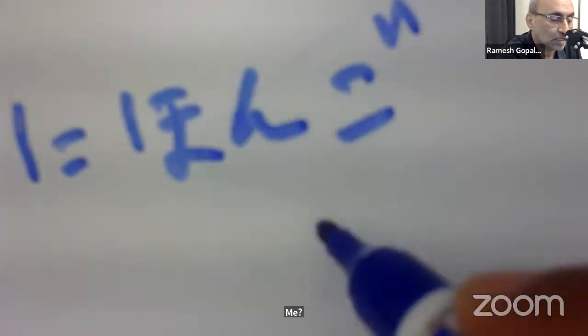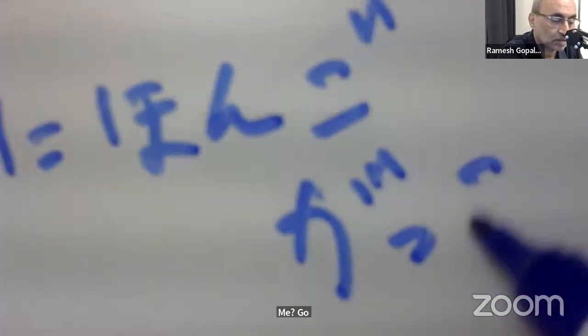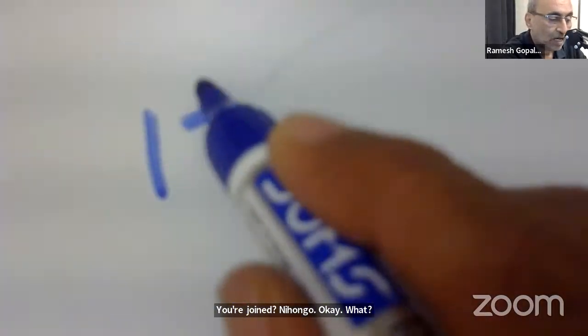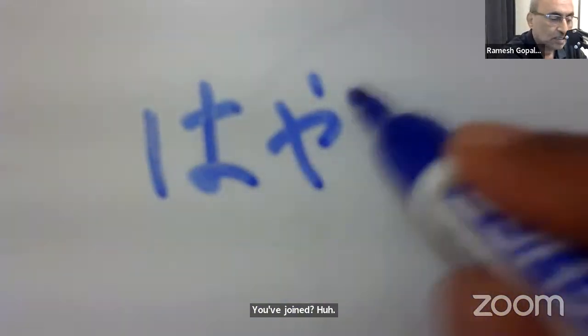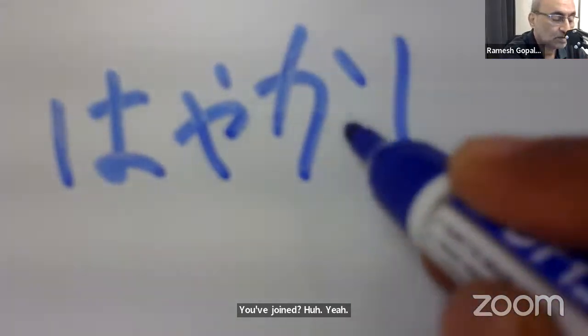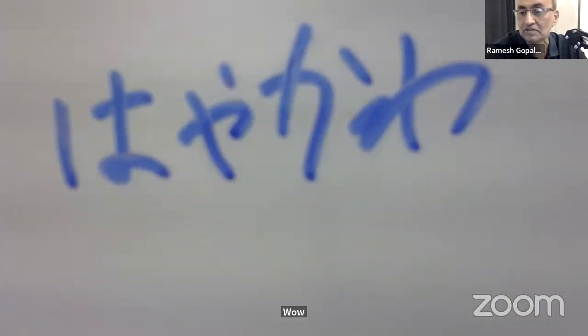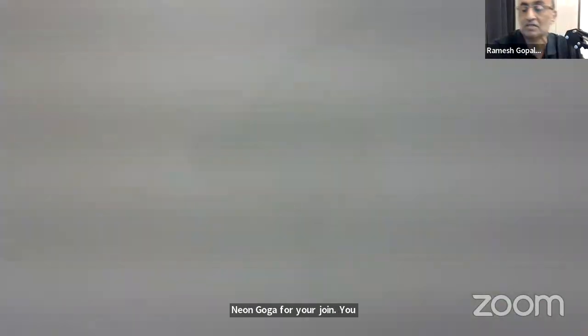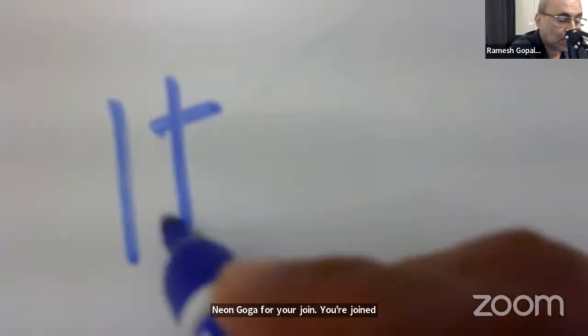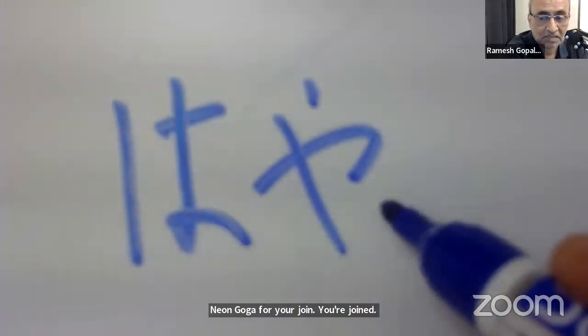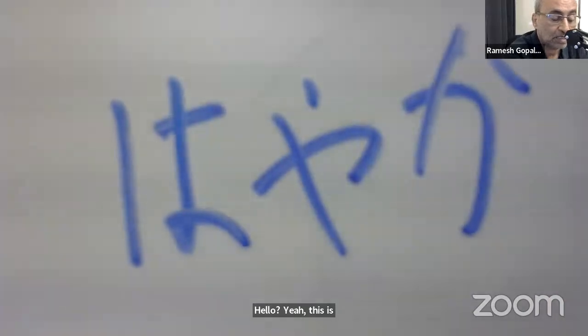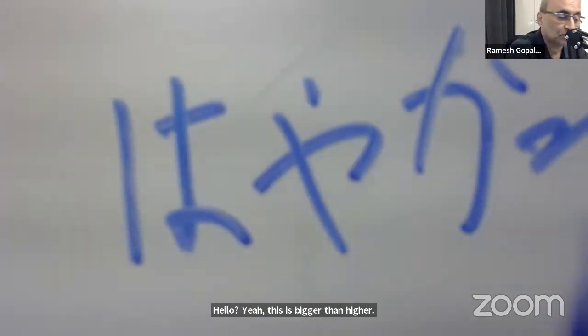But you have joined Ha, Ya, Ka, Wa, Hayakawa. You joined Hayakawa Nihongo Gakko. Ha, Ya, this is bigger. Haya, Ka, Wa. Nihongo Gakko.